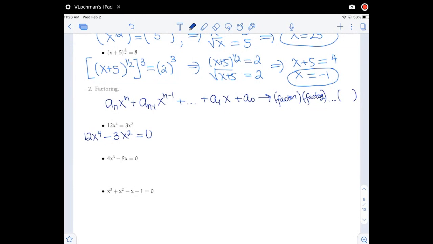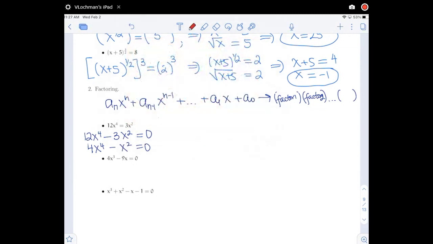Okay, I am going to reduce it by 3. I thought I was dividing it by 4, I'm dividing it by 3. So that's 4x to the fourth minus x squared is equal to 0.